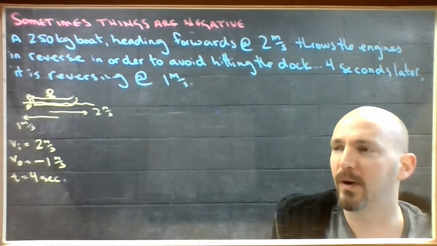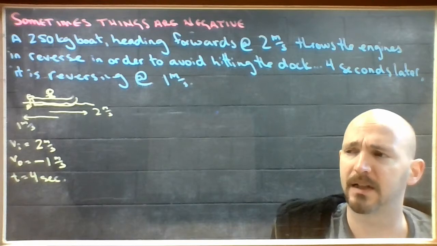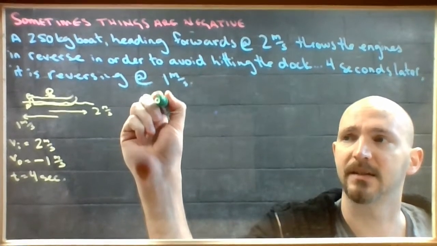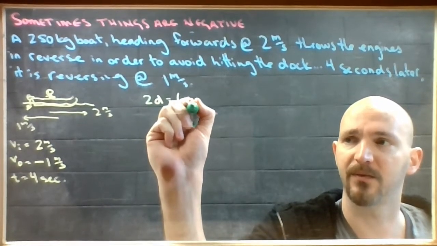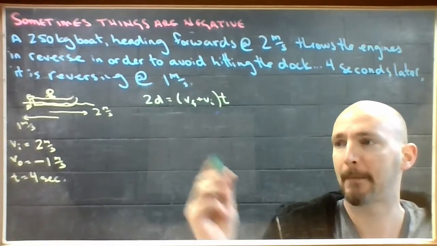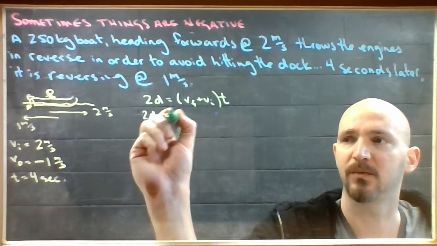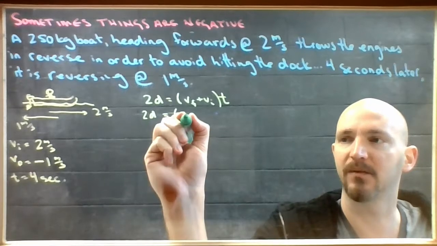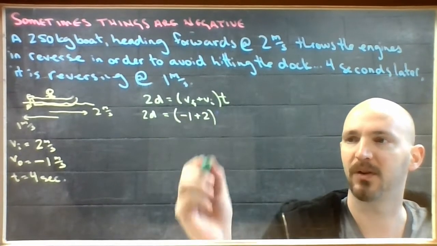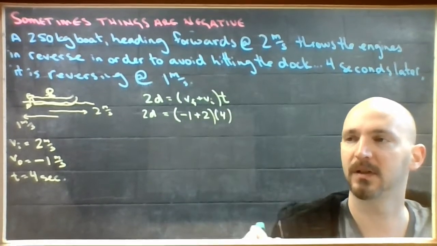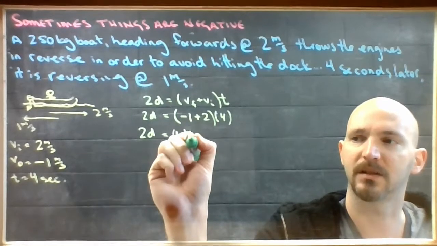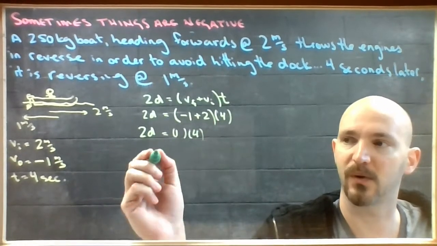An equation connecting initial speed, final speed, and time with distance would be: twice the distance is vf plus vi, multiplied by the time. So 2d would be the final speed of -1 plus the initial speed of 2, multiplied by the time. 2d is 1 times 4, and 1 times 4 is 4.